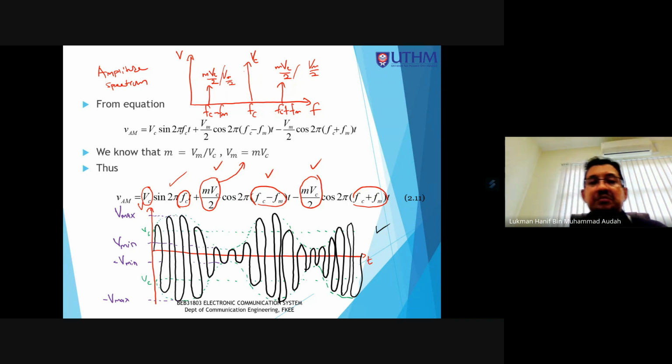In the exam, we might also ask you to find a power spectrum. There's an amplitude spectrum and there's also a power spectrum.